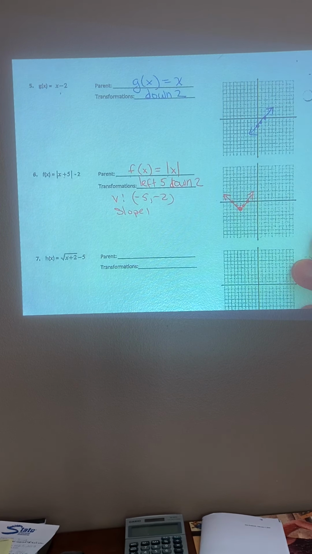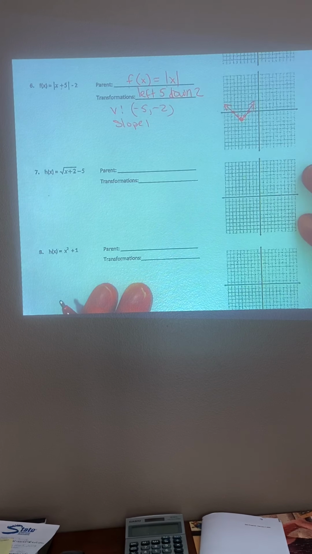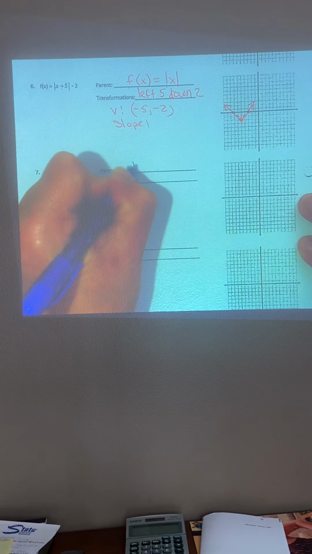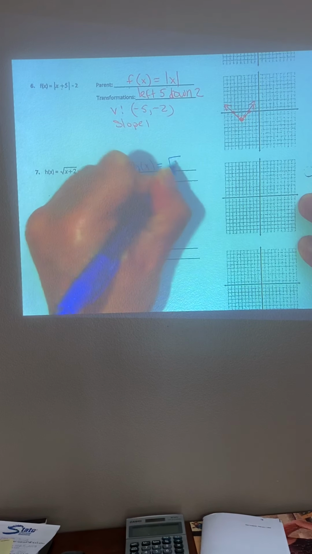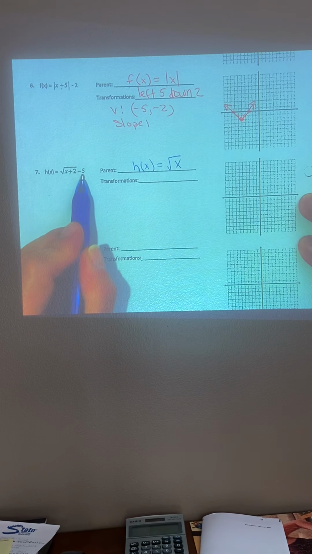Okay, next problem. Here we have square roots. So the parent function, h of x equals square root of x. So here again, left 2, down 5.